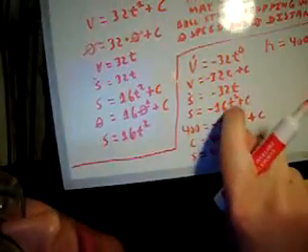I know I didn't have the squared marked here. I'll go ahead and mark it here, we're just going to put a little squared like that. So spatium equals negative 16t squared plus c.